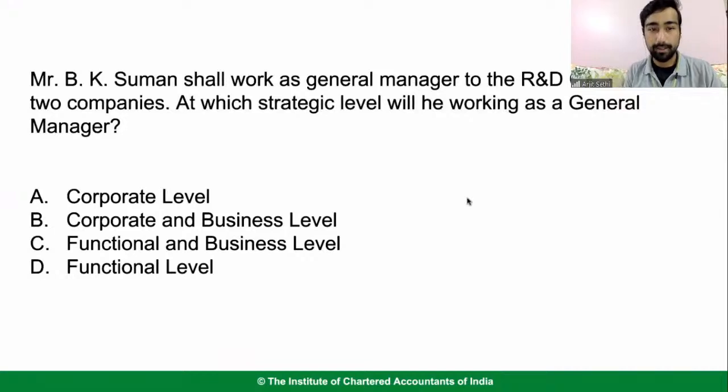Mr. BK Soman shall work as a general manager to the R&D center for the two companies. At which strategic level will he be working as a general manager? Okay, tell me.